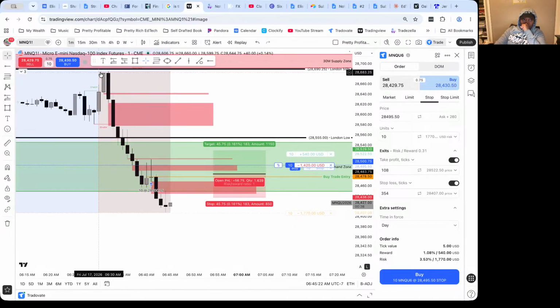It was already in a downtrend. See, but nothing retouched that. And I wanted to make a trade so bad because it was on this demand zone, but I should have waited more patiently.